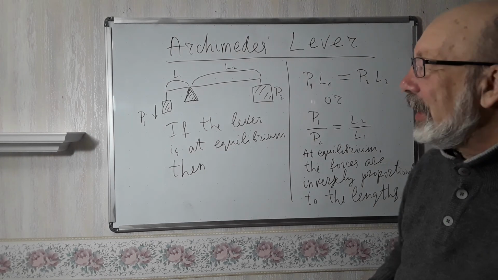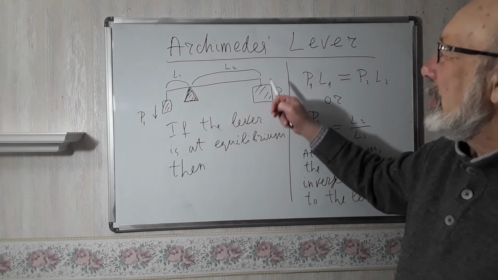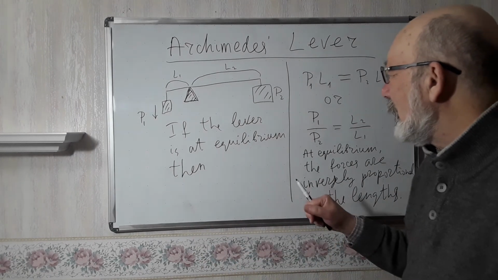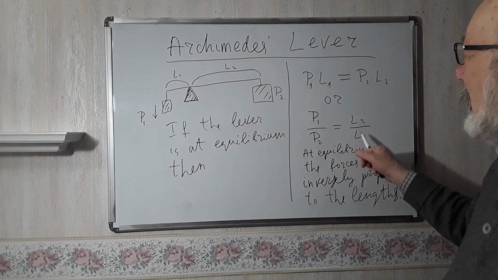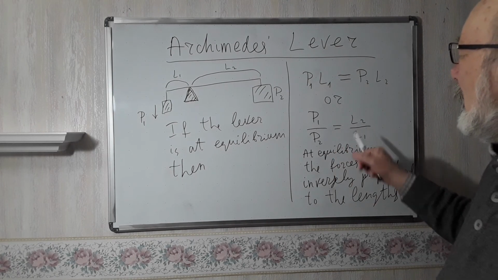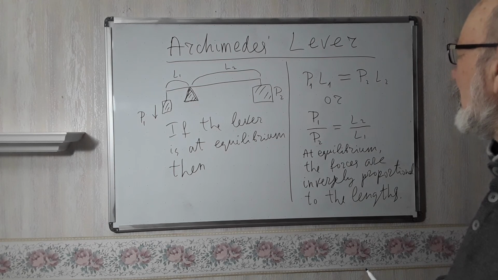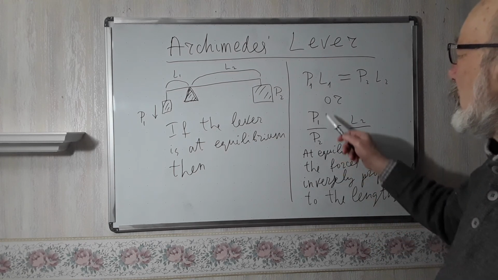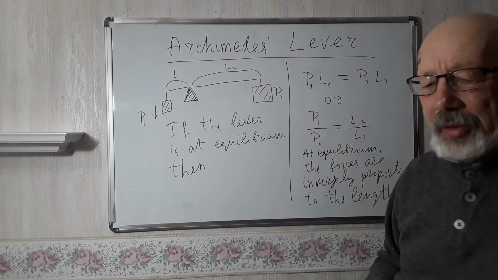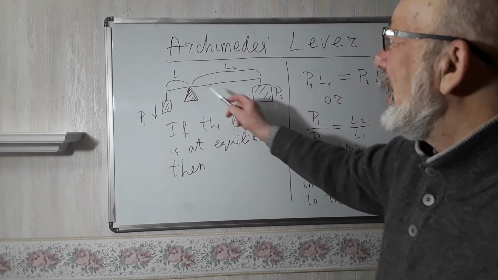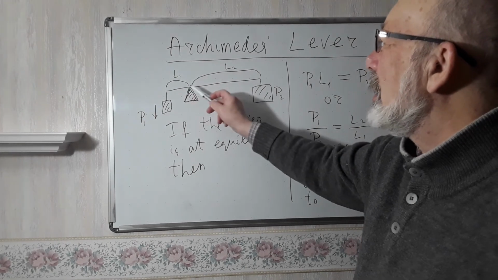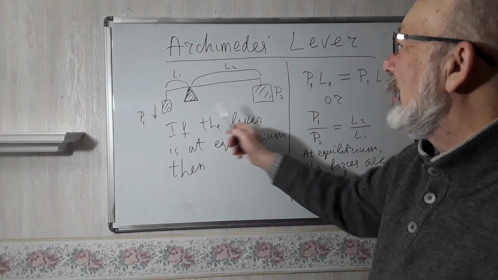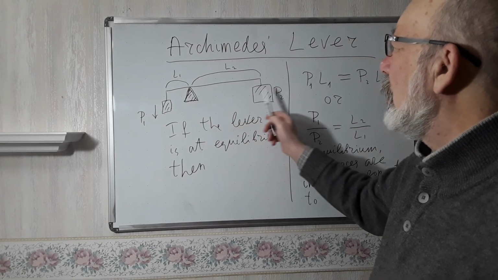Then you really need such a device to amplify your force, because making this ratio very small or very large makes the force ratio very small or very large. So if say L1 is 1 and L2 is 10, then we have that P2 is tenfold.